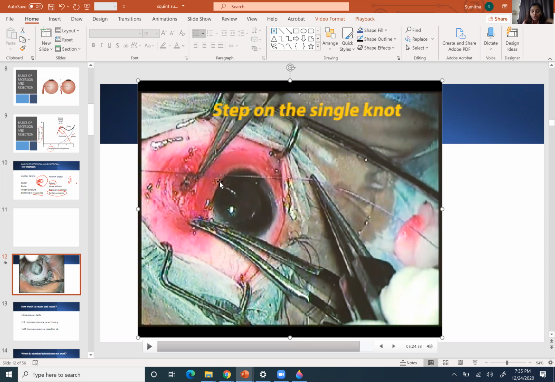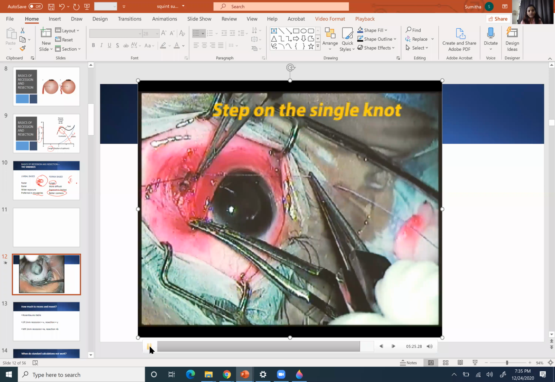Then you don't get the expected effect of the resection. So that's why you use a single knot, whereas in recession you straight away start with 3 knots. In resection, you start with a single knot, ask somebody to use a straight forceps like this and hold that knot. That step is called stepping on the knot. It's like you're putting a foot on that knot and making sure it does not recede back.